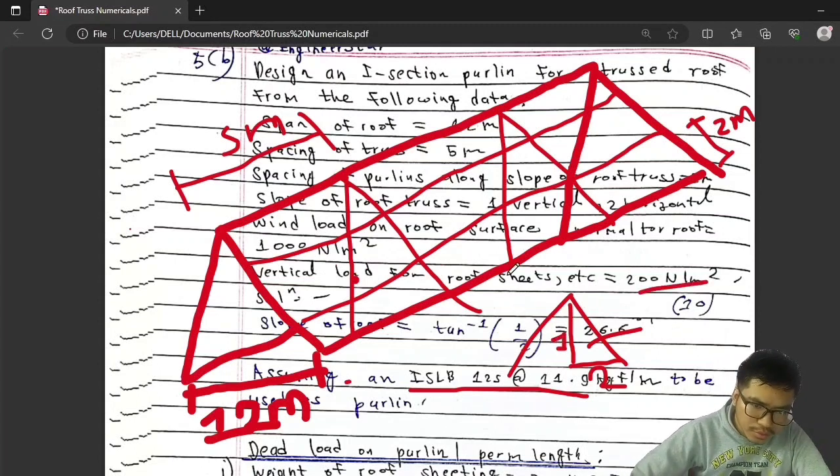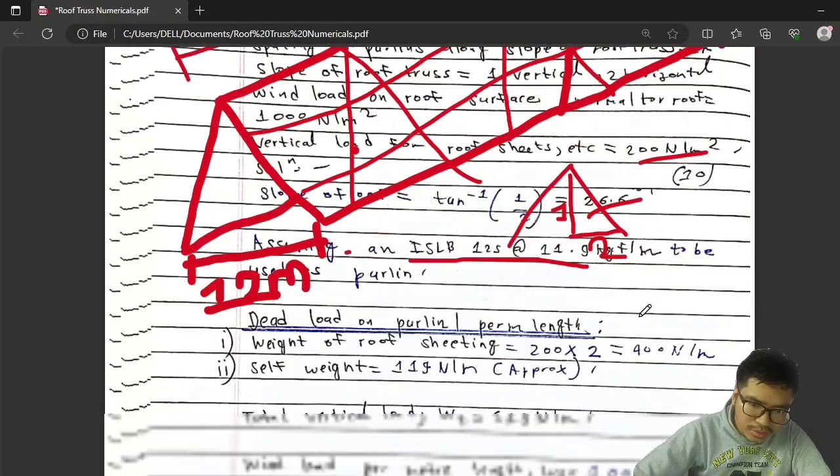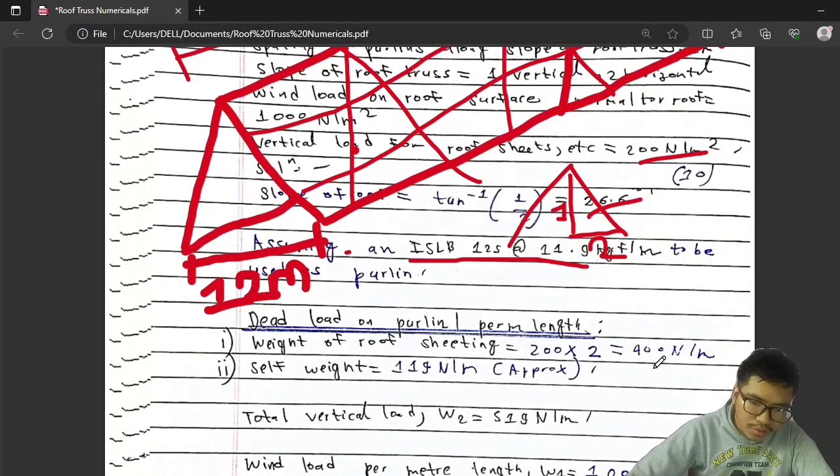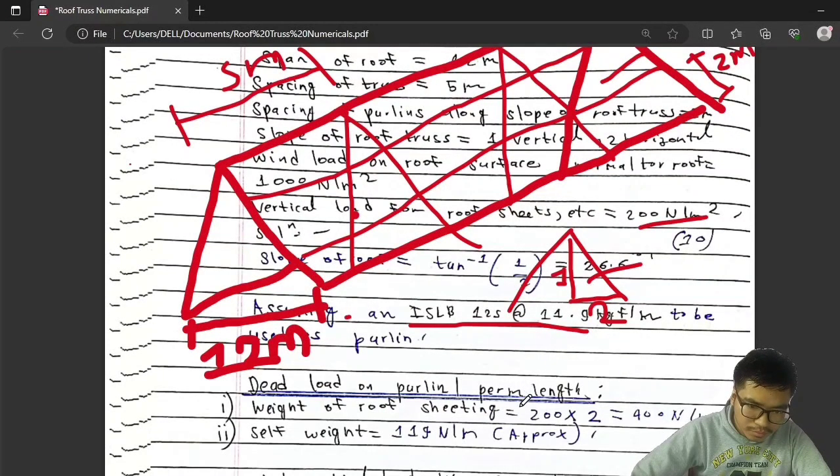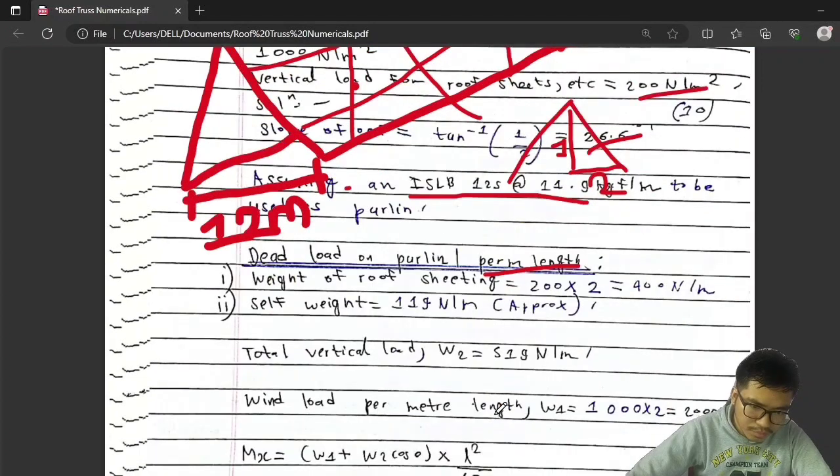So 200 into this spacing 2 is 400 Newton per 1 meter length. And self weight is 119 approx. So 11.9 into 9.81 is around 119 approx.